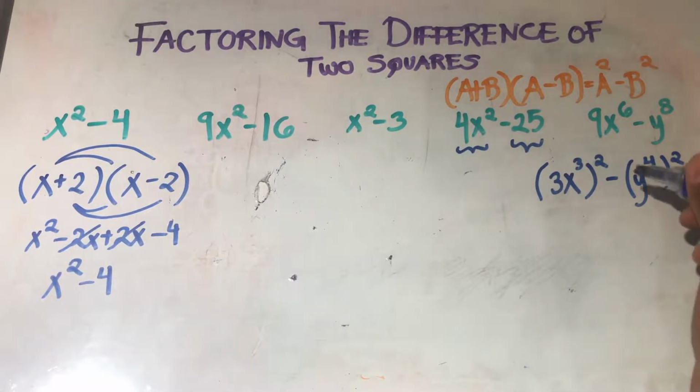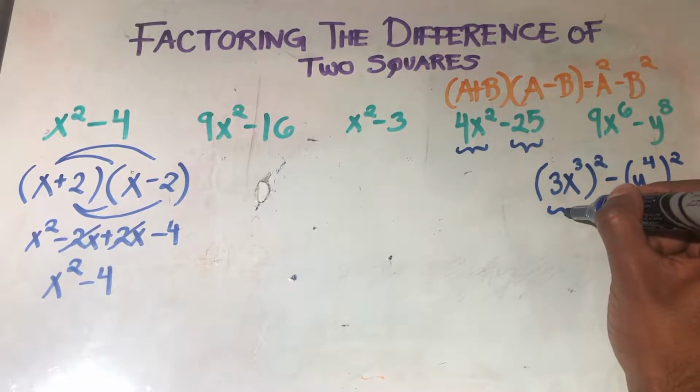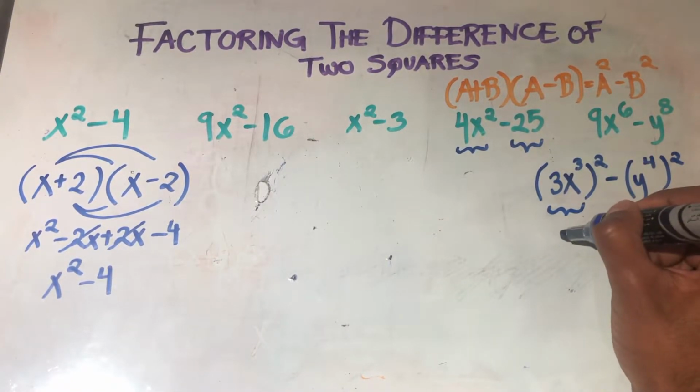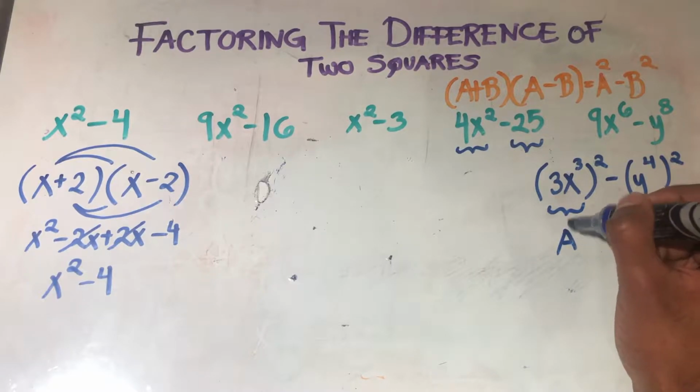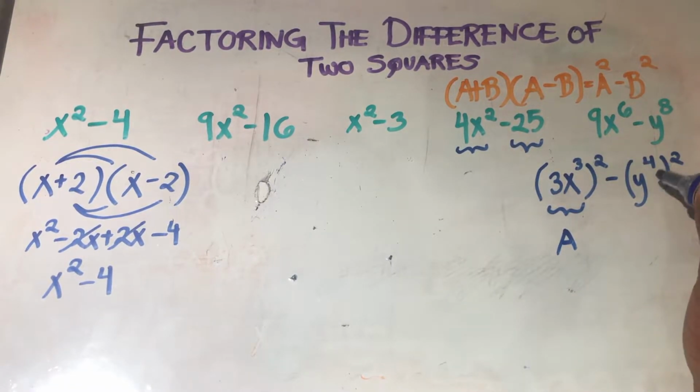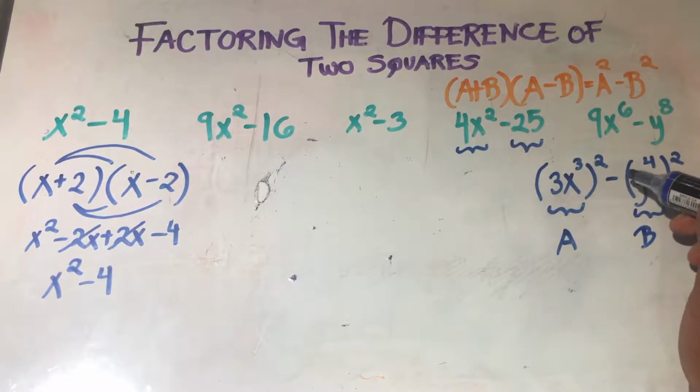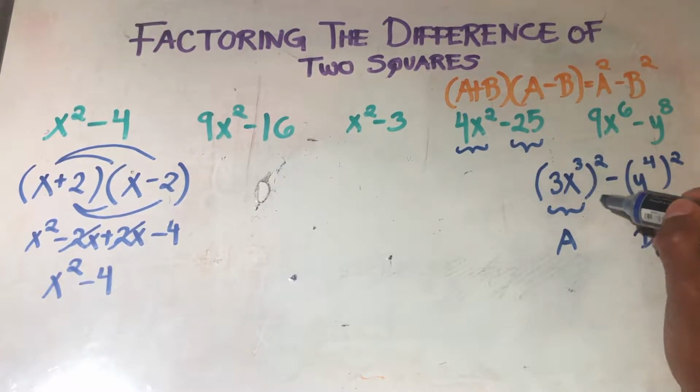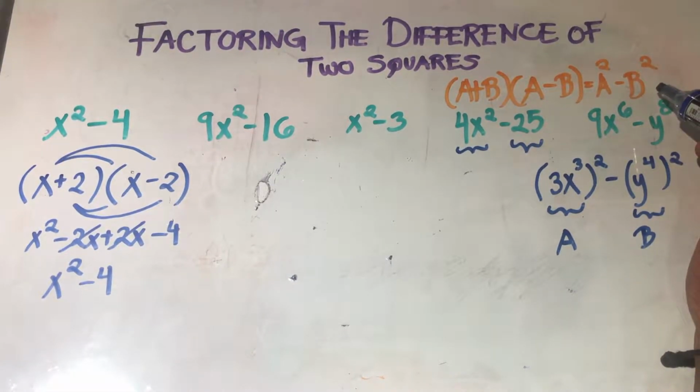So eventually, this is basically telling us that this whole term, 3x cubed, is a, and a is squared. And then this whole term is basically b, and b is squared. What we're trying to do is achieve an expression that looks similar to this.